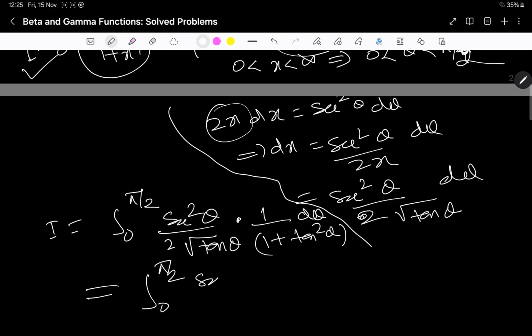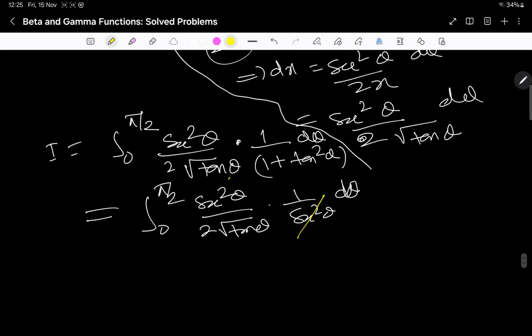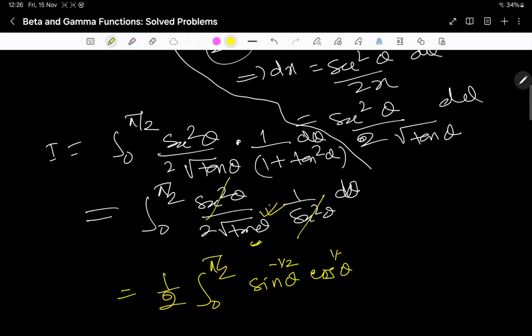So it is the integral from 0 to pi by 2 of sec square theta by 2 root of tan theta into 1 by sec square theta d theta. Now the sec square theta cancels. So it is 1 by 2 integral from 0 to pi by 2, with sin theta to the power minus half, and cos comes to the numerator, cos theta to the power half, d theta.